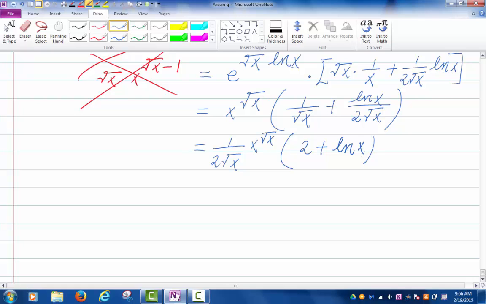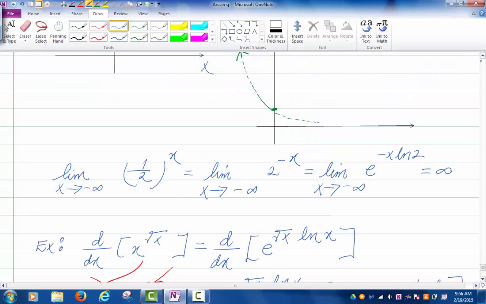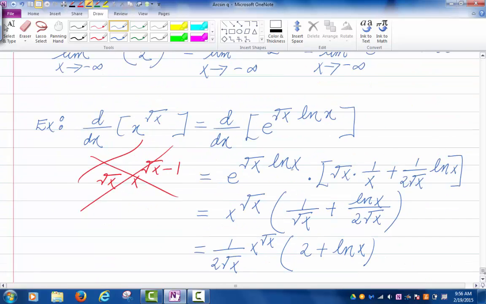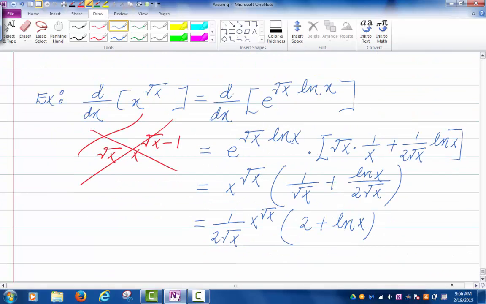So before, what I'm going to do is use log differentiation. Remember the idea of log differentiation: you take ln of both sides. So you take ln of x to the root x. Now, what is ln of x to the root x? It is root x ln of x. Why?